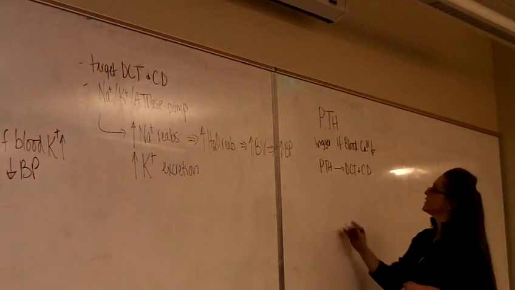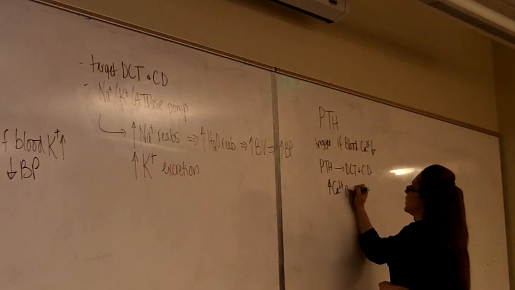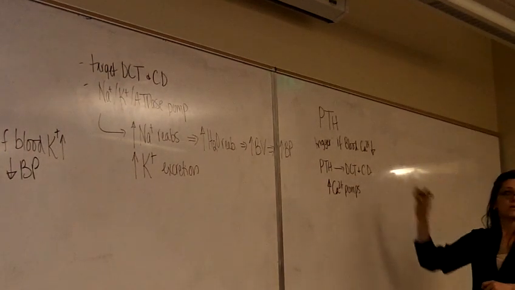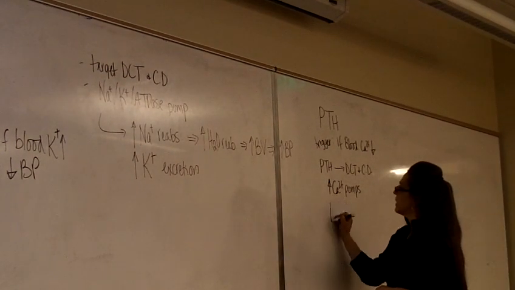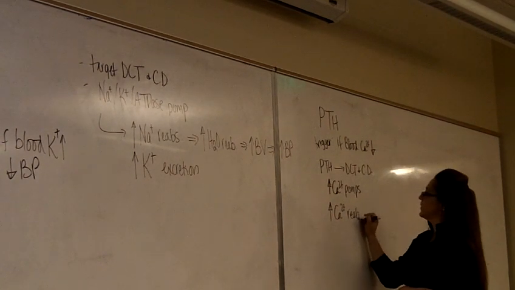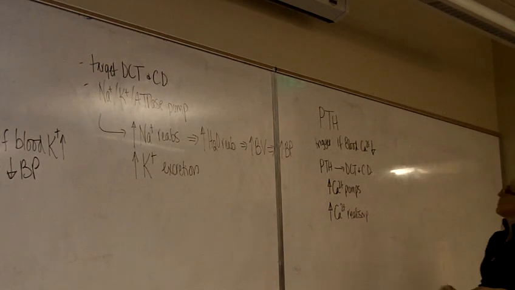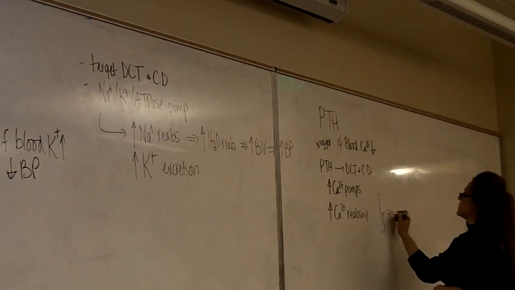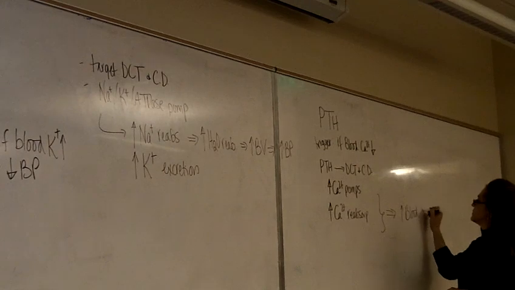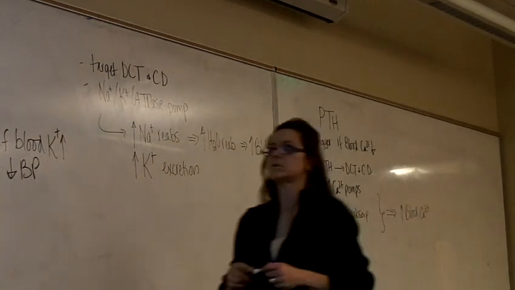And PTH is going to cause an increase in calcium pumps in the membrane of those cells. And that's going to cause an increase in how much calcium that we reabsorb. So the more calcium that we reabsorb, that's going to increase our blood calcium levels. That's the job of PTH.